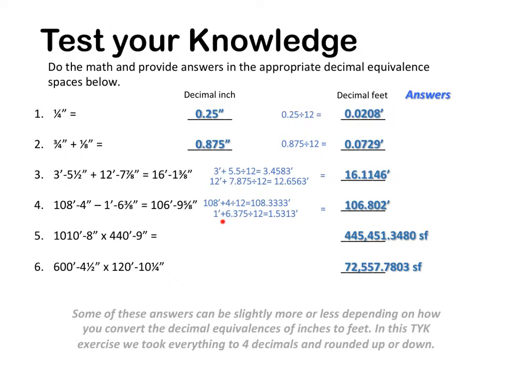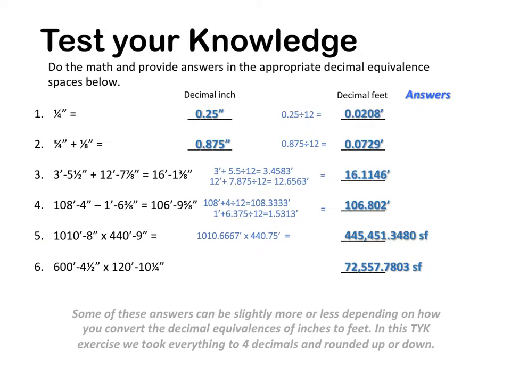The 1 plus the 6 3/8 here gives you 6.375. Divide that by 12 equals 1.5313. When you do the subtraction, you get 106.802 feet.